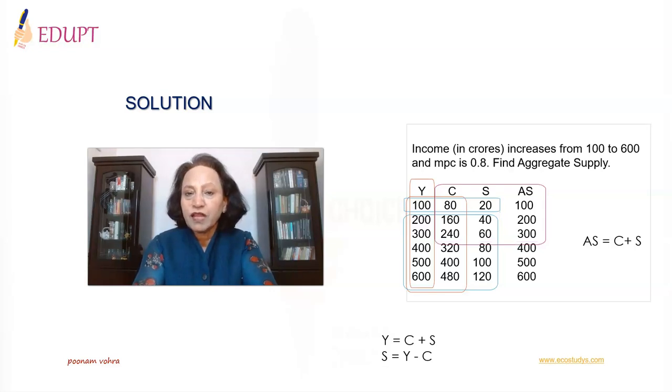In the similar manner, one can keep adding consumption and savings in order to find aggregate supply, and one finds that aggregate supply is exactly same as income in each case. So it is said that Y is equal to AS. Income is same as aggregate supply.